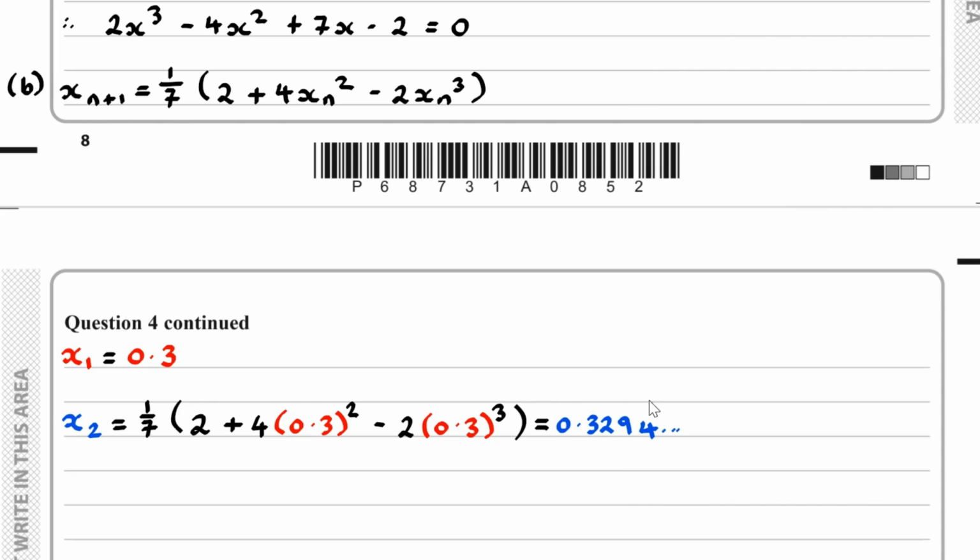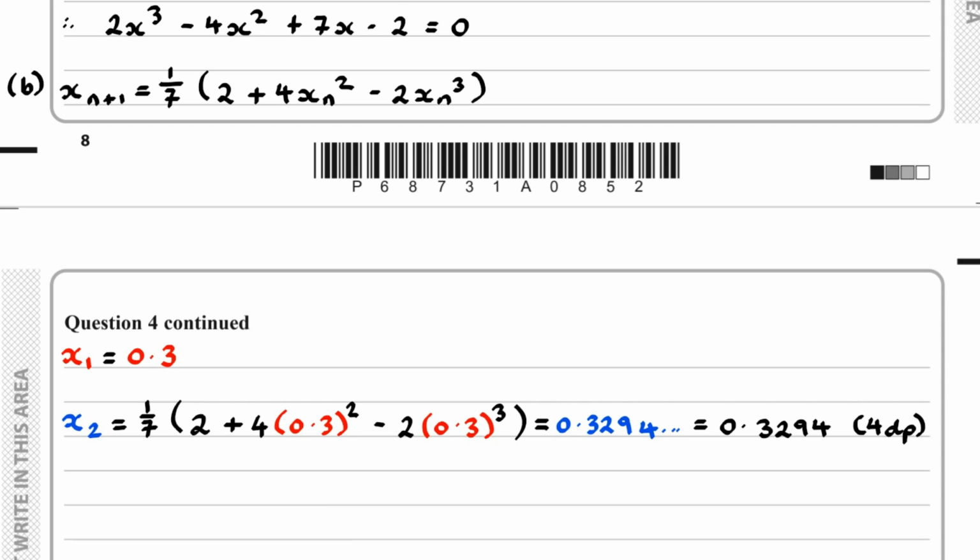Given to 4 decimal places, we've got 0.3294 to 4 decimal places.